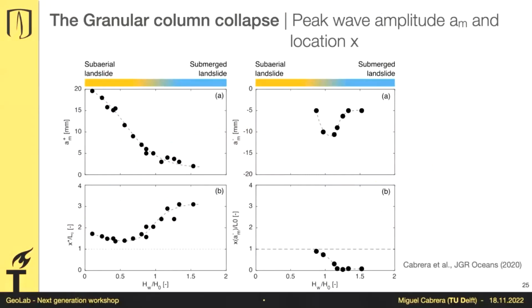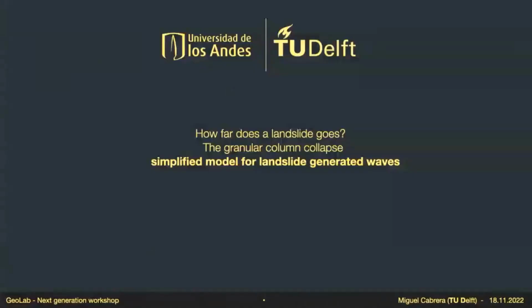Again, HW over H0 is just how high was the water table or the water surface relative to the height of the column. And somehow we see that there is a continuous trend. So there should be a mechanism here that could allow us to predict what is the wave amplitude. So we came up with a mechanism, and I wanted to show it to you.